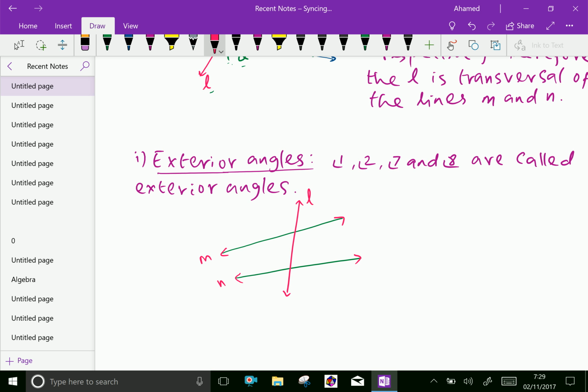The angles on the outer part are angle 1, angle 2, 7 and 8. So these are exterior angles: 1, 2, 7 and 8.